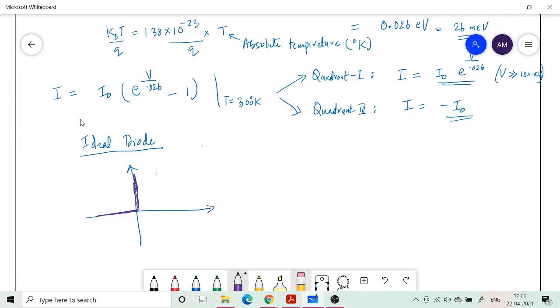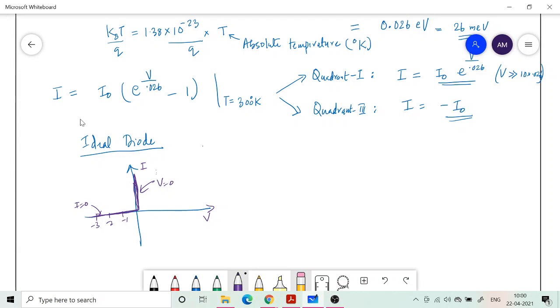Whereas if you apply a negative voltage, say -1, -2, -3, you have zero current. So I is equal to 0 here, and here V is equal to 0.